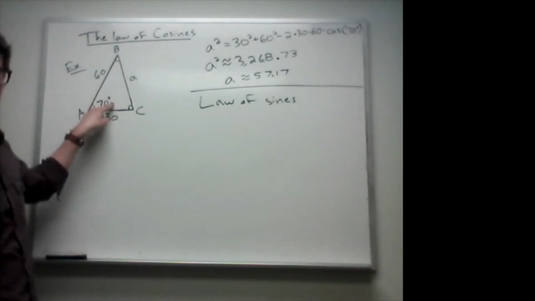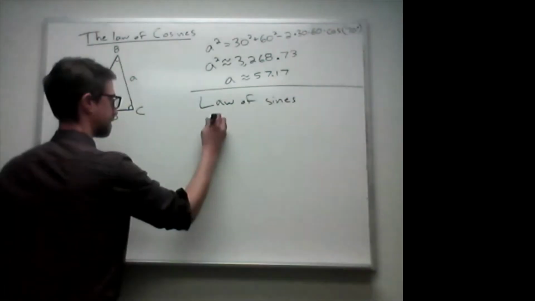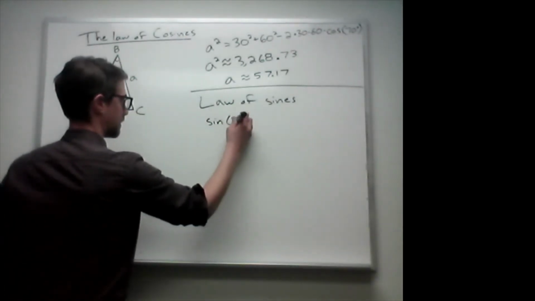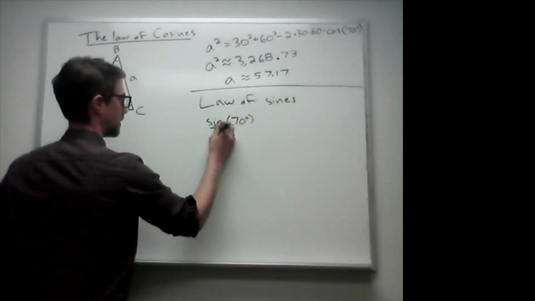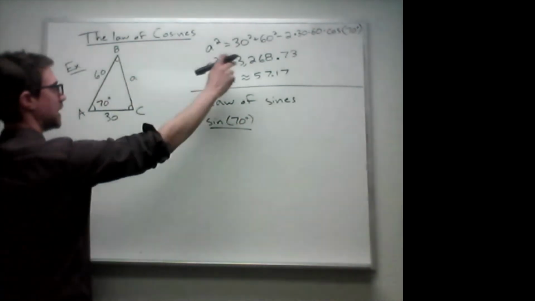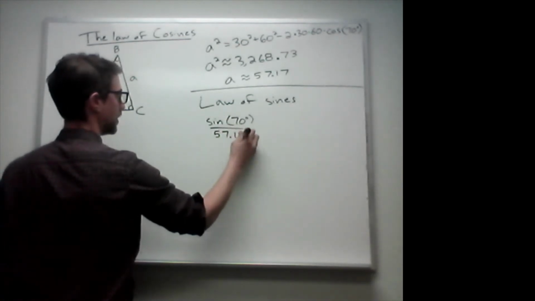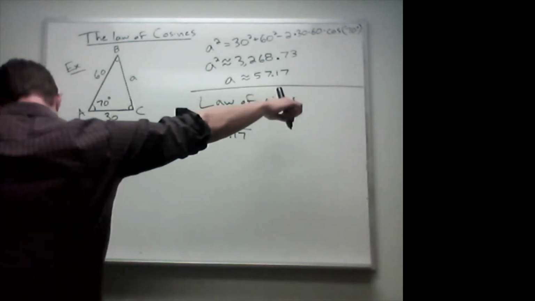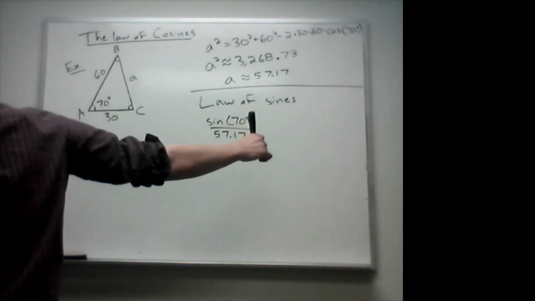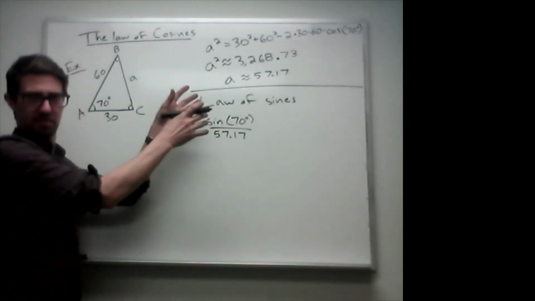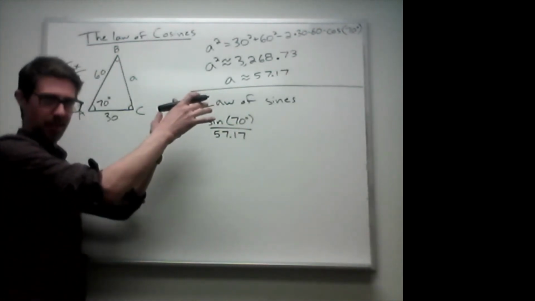It's the sine of 70 over side A, which is about 57.17, and now I know that's a rounded figure, and I've said try not to use rounded figures. You could use the ans key in your calculator.